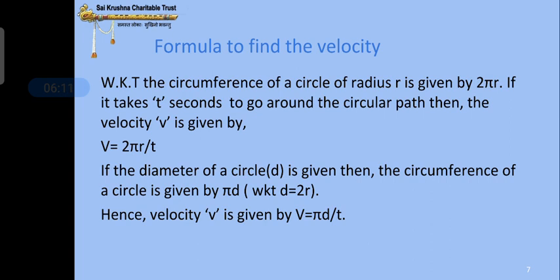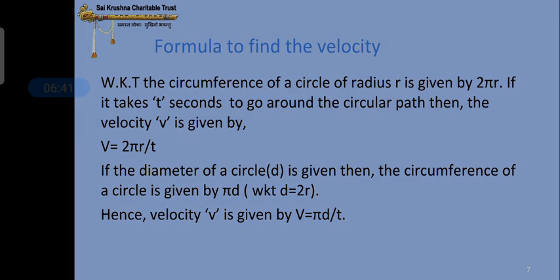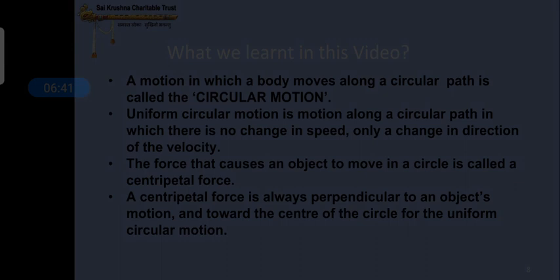If the diameter is given, it is replaced by d, since the diameter is equal to 2 times the radius. Therefore, velocity is v equals pi d divided by t. Is it clear, children? The pi value is 22 by 7. That is a constant. You cannot change the pi value. It is already fixed and its value is 22 by 7.